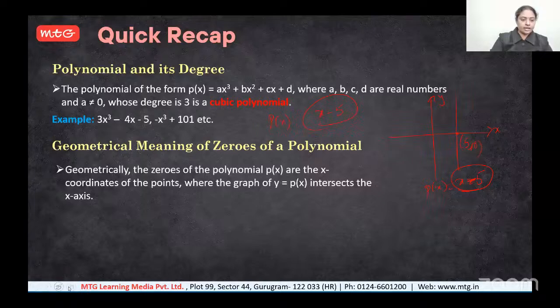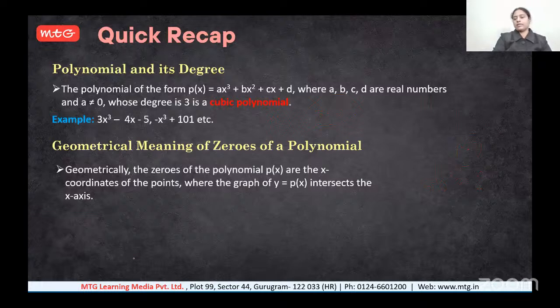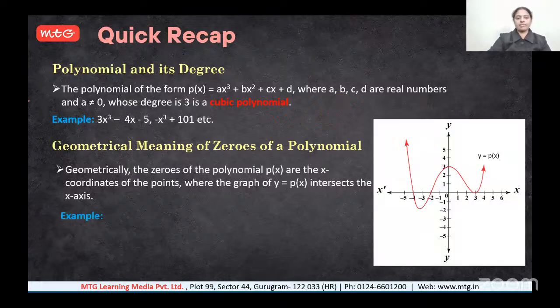So here is an example for the same. See, there is a graph here, which is named P of x. This graph is intersecting the x-axis at 3 points: 1, 2, and 3. What are the coordinates of these points? (3, 0), (minus 2, 0), (minus 4, 0).